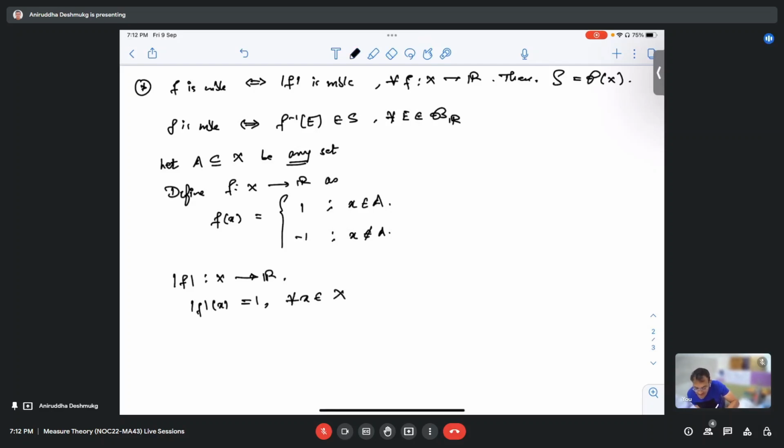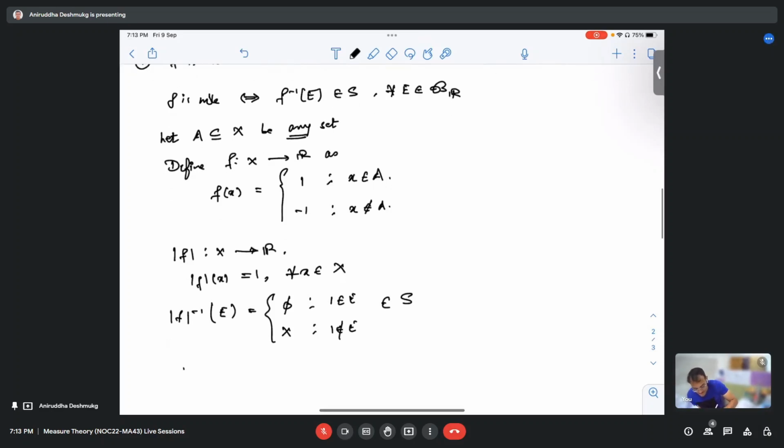Yes. So the inverse image under mod f of any set E has only two possibilities: either empty or the whole of X, depending on whether 1 belongs to E, which in both cases is inside the sigma algebra S. Therefore, mod f is measurable.